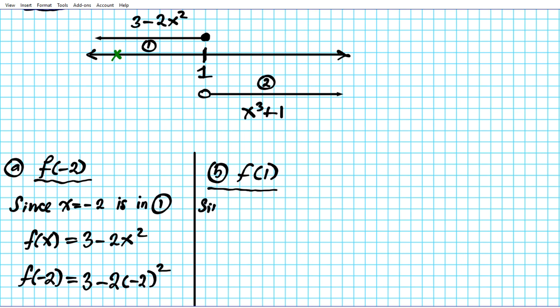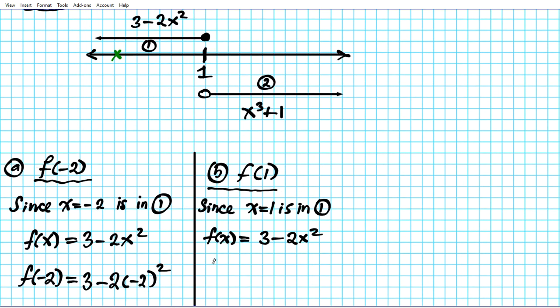Okay, so since x equal to 1 is in 1, we're going to have f of x attain the expression value 3 minus 2x squared, because that's the function that's active in interval 1.